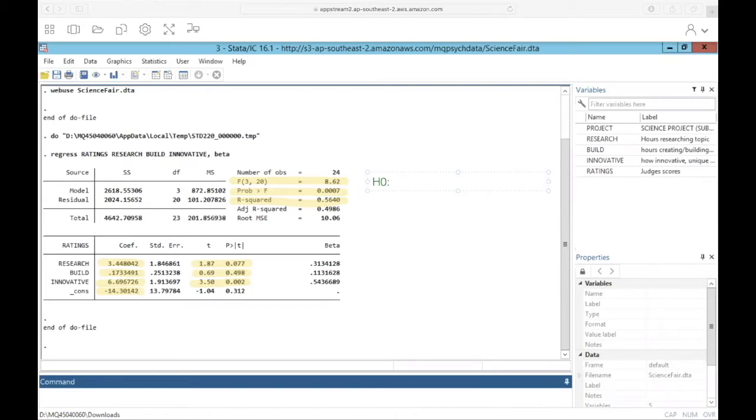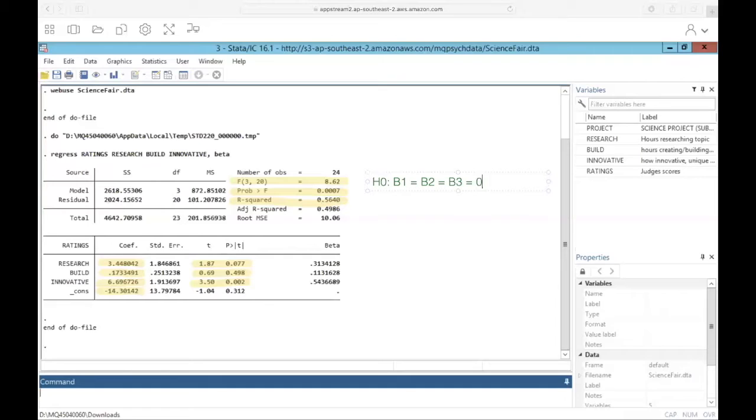With a multiple regression, the null hypothesis simply states that all of our betas will equal 0, because a beta of 0 simply means that our predictor has no influence or no effect on the outcome. So beta 1 equals beta 2 equals beta 3 equals 0.